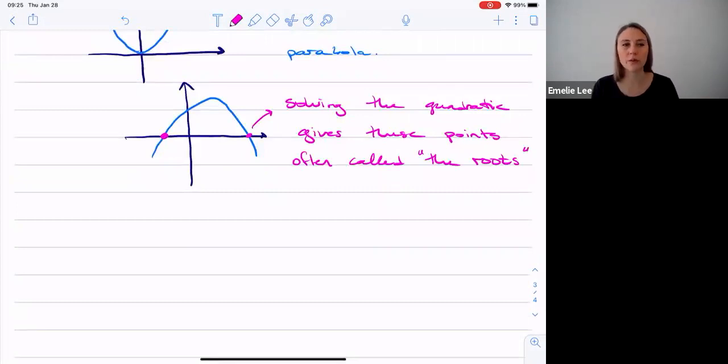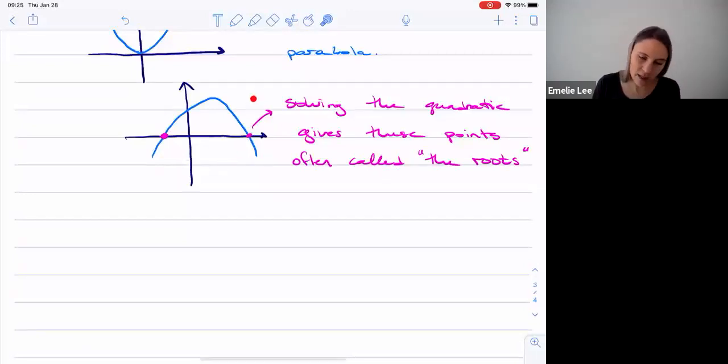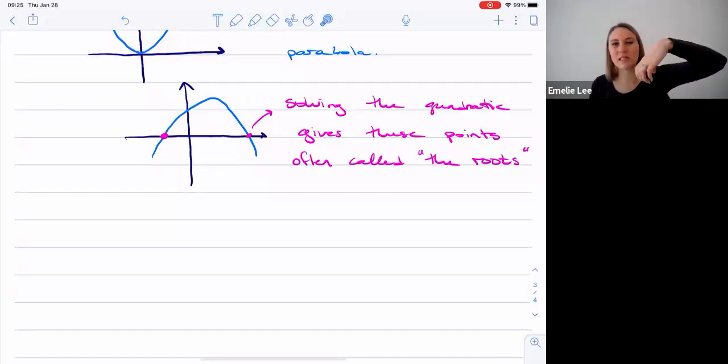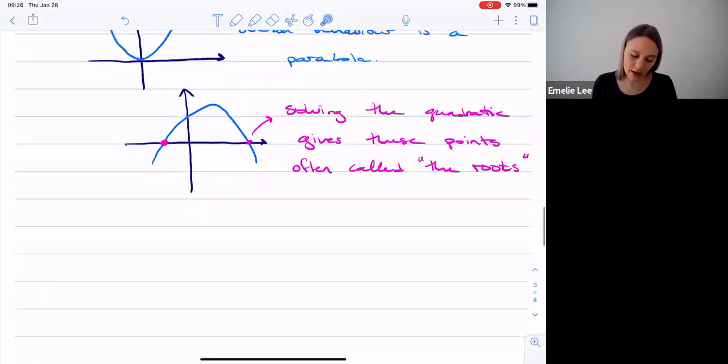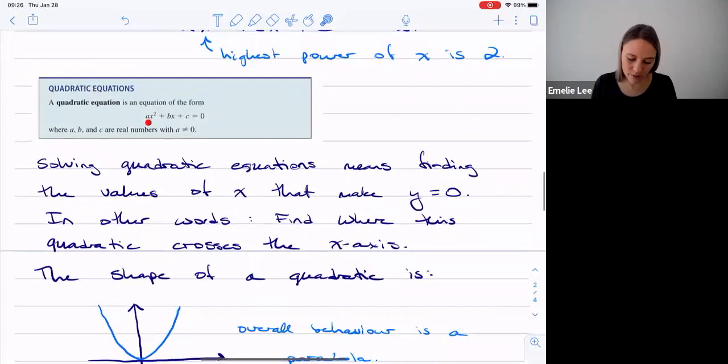Where the parabola crosses the x-axis, those are your roots, right? This parabola can be facing up, it can be facing down, and we're going to deal more with quadratics later in their graphs. But for now, it's just important to recognize that if I'm solving this, what I'm actually finding are the values of x where it crosses the x-axis, okay?